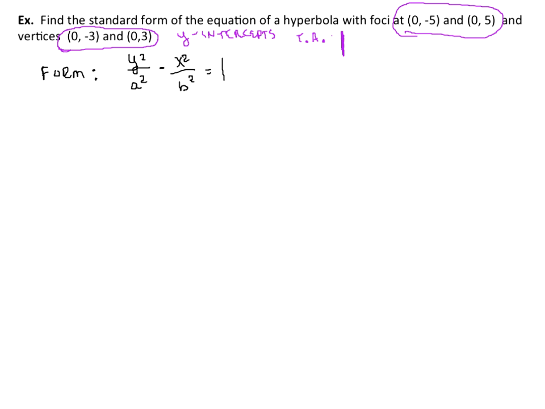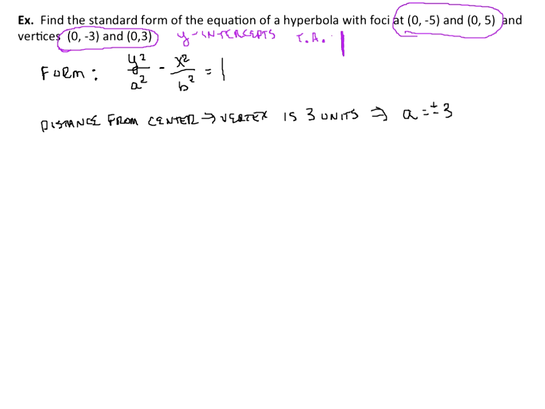Okay, so I will just point out that the distance from the center to the vertex is 3 units. A is equal to positive and negative 3. So 3 units in both directions.